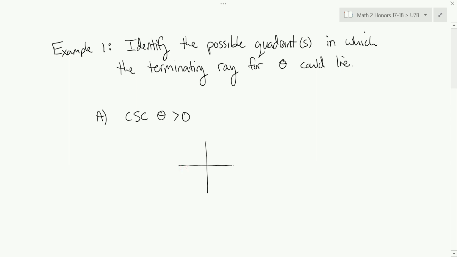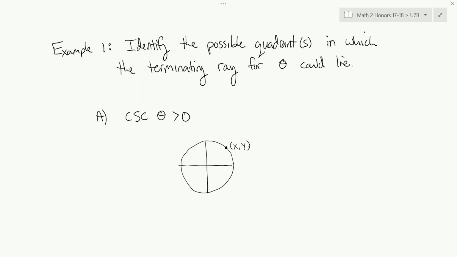A couple of things come into play here. You need to know that on the unit circle, the x and y coordinates represent cosine and sine. When you know that, you can ask, in each quadrant, is x or y positive or negative? Based on that, you can get to an answer.